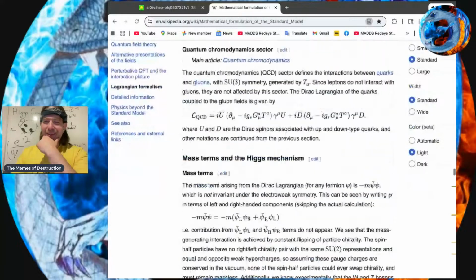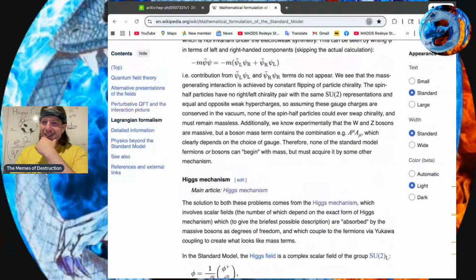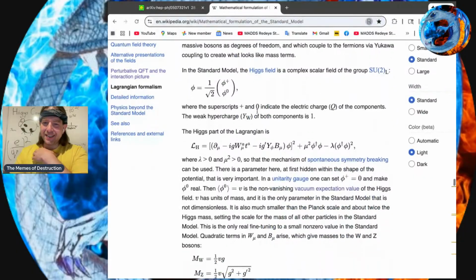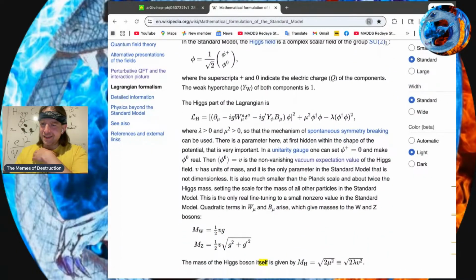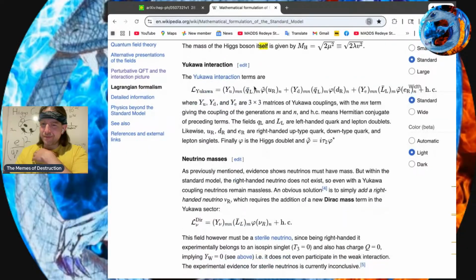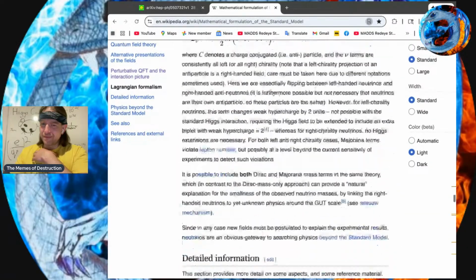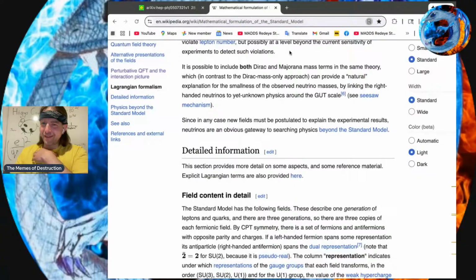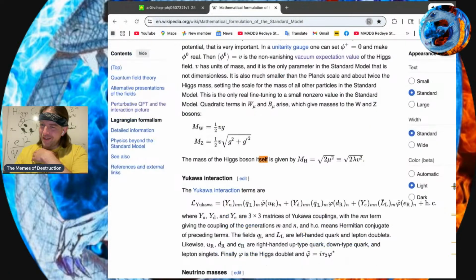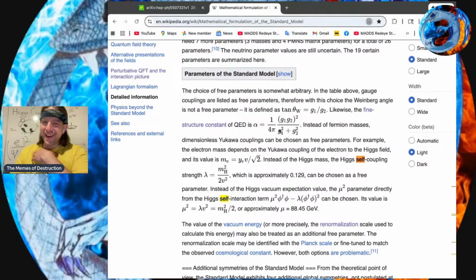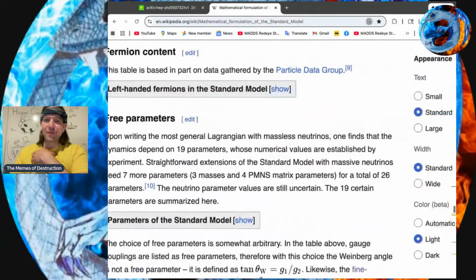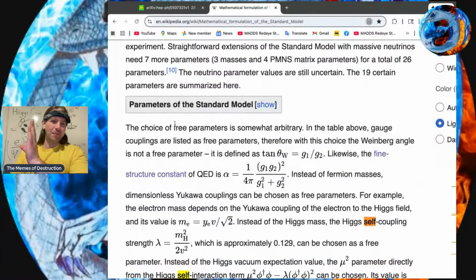Okay, it was below the Lagrangian. Oh God, I missed it again. Where did it go? Up or down? Okay, it's in a different section. The parameters. Oh, free parameters. Okay, it's under a free parameter.